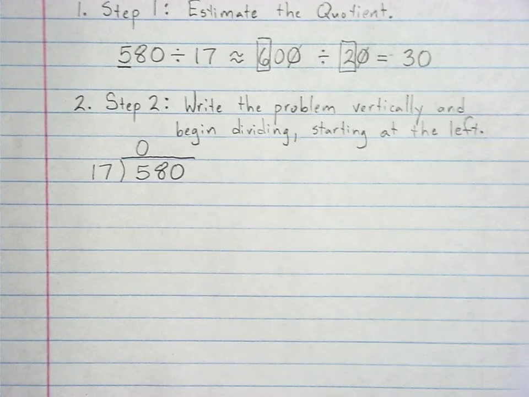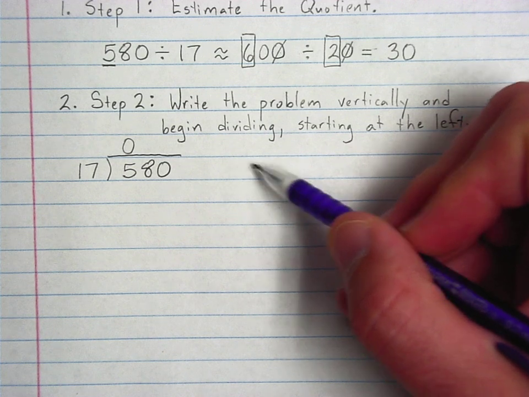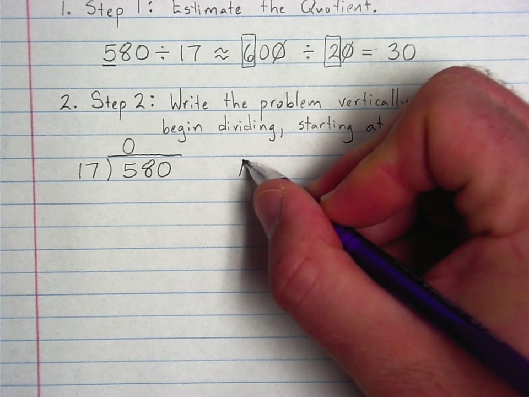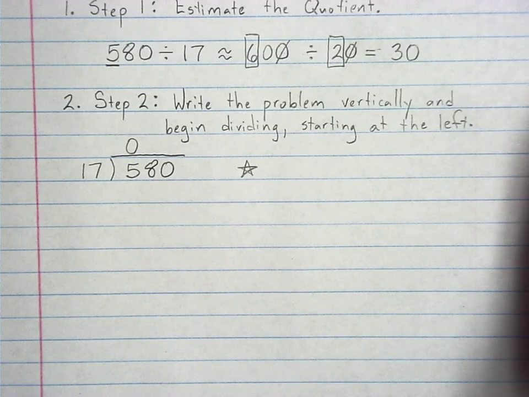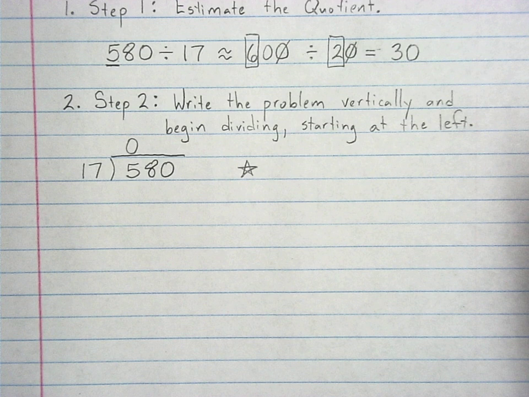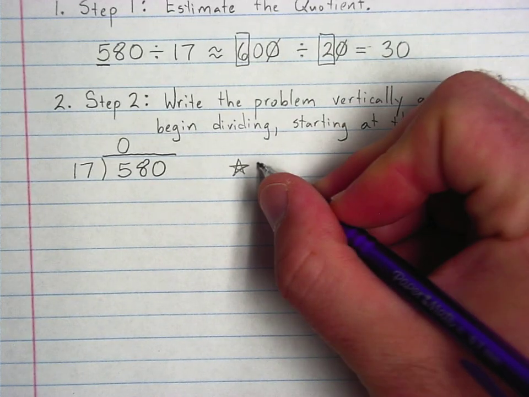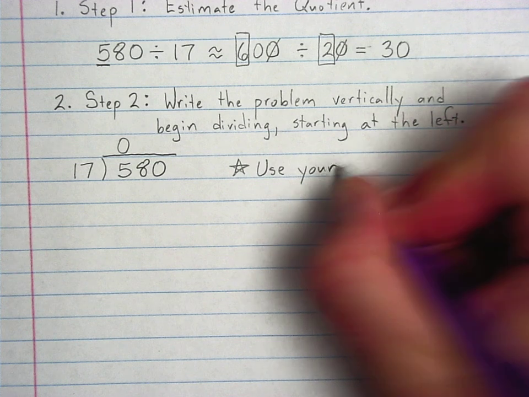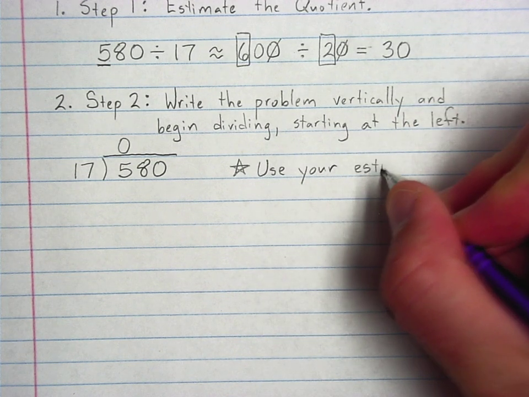Now, I could just start multiplying 17 times 2, 17 times 3, 17 times 4 to try to figure out how many times it'll go in. I don't know my 17 fact families, so I'm going to have to do a little testing. But I can narrow down what I start with if I use my estimate.